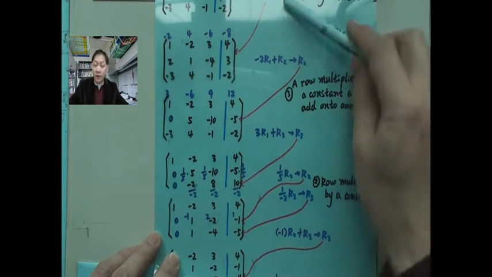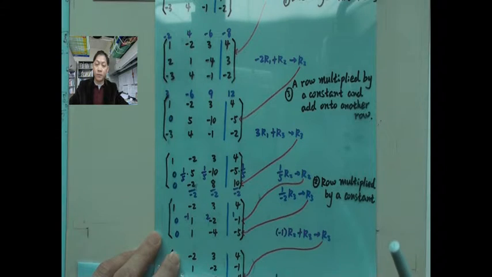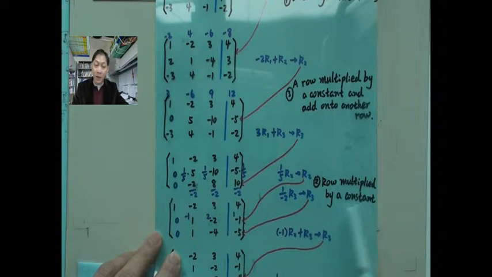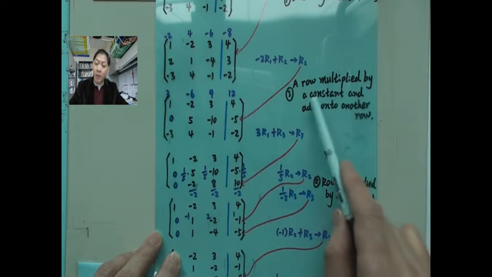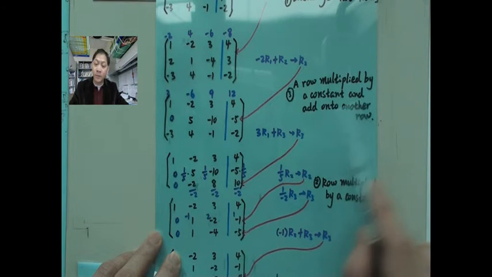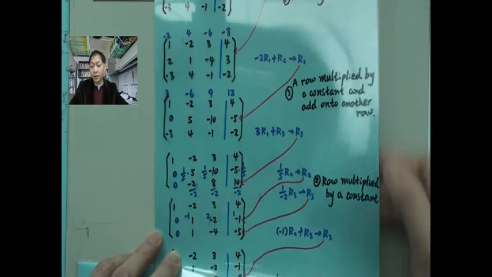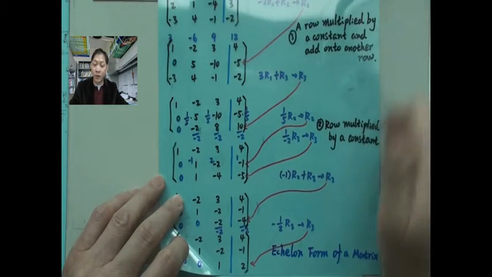So only these 3 kinds of operations: exchange 2 rows, a row multiplied by a constant, and a row multiplied by a constant and added onto another row. Not more than 3.